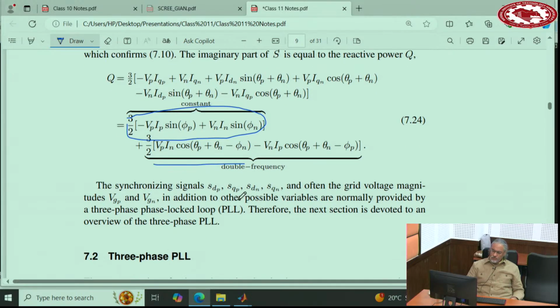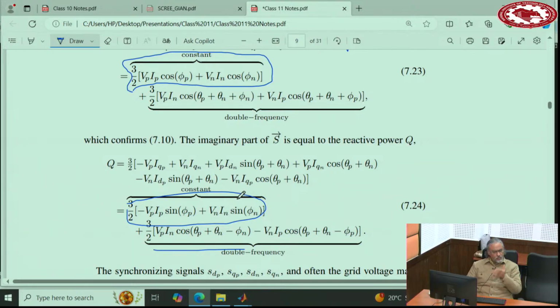Okay, now if you look at these equations, because we are going to work with these equations, several parameters like Vp, Ip, Vn, In, IDP, IQP, IDN, IQN, all these parameters appear. These are the positive sequence and negative sequence components of the voltage and current.